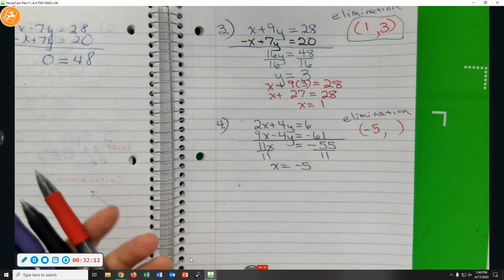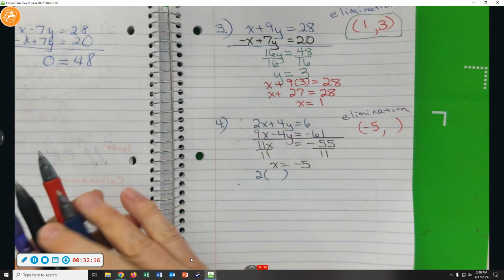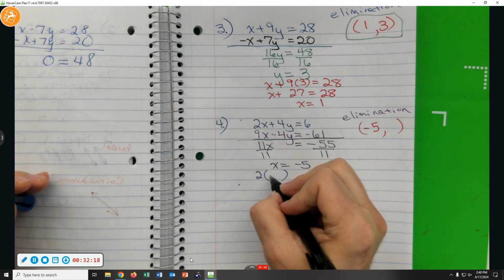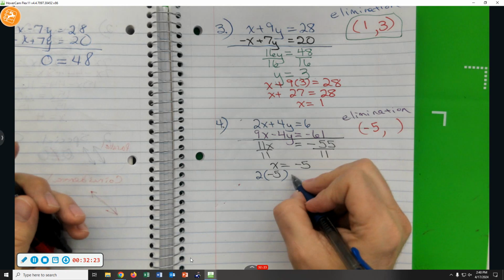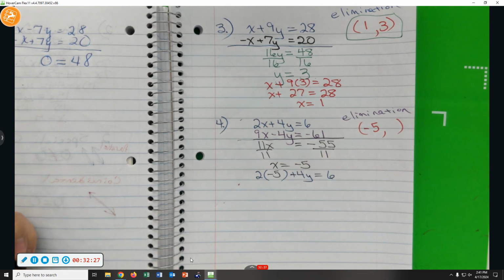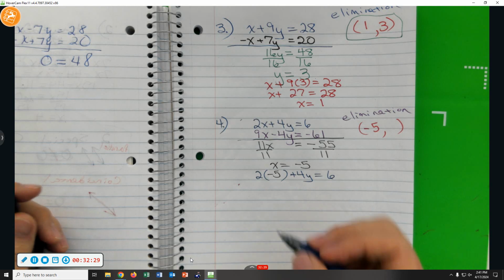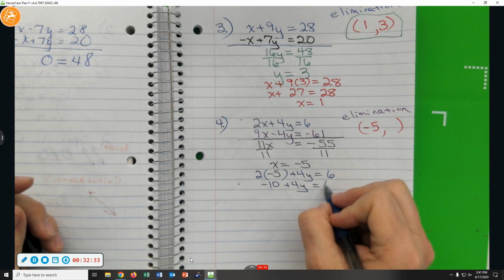So you substitute into that top equation 2 times negative 5 plus 4y is equal to 6. 2 times negative 5, that's a negative 10, plus 4y is equal to 6.